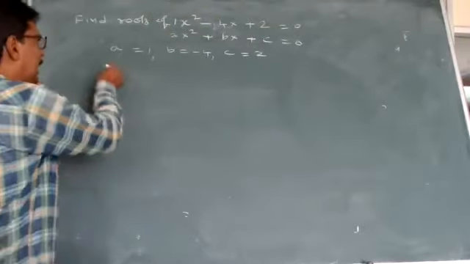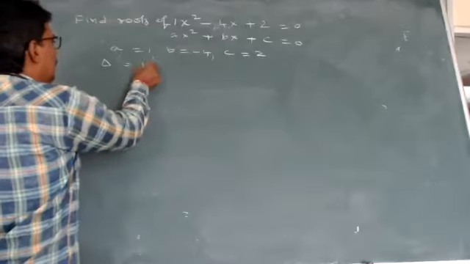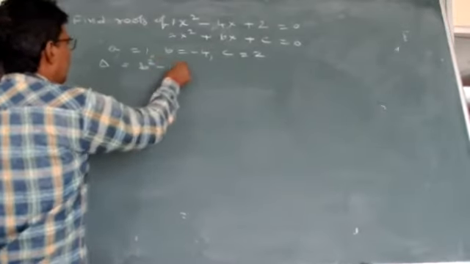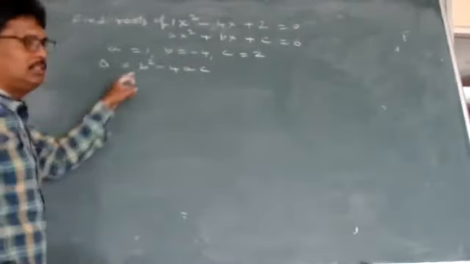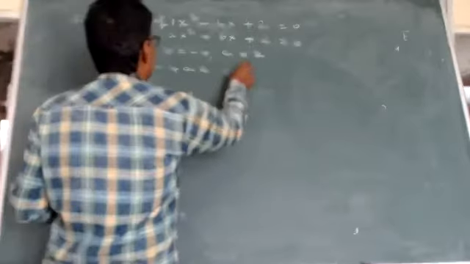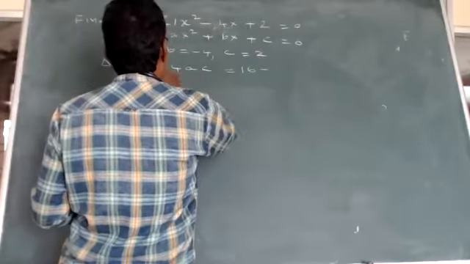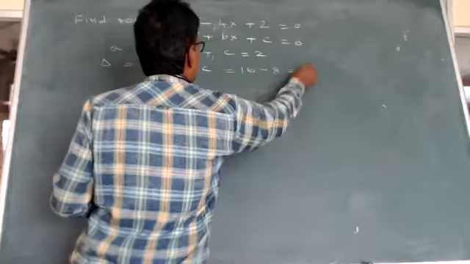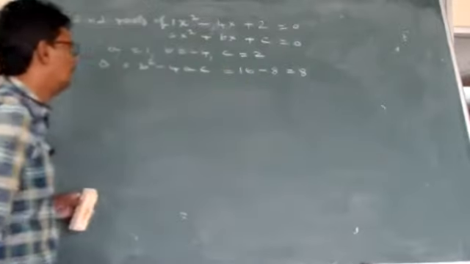First of all, find the discriminant. Discriminant delta, b square minus 4ac, is 16 minus 8, that is equal to 8.